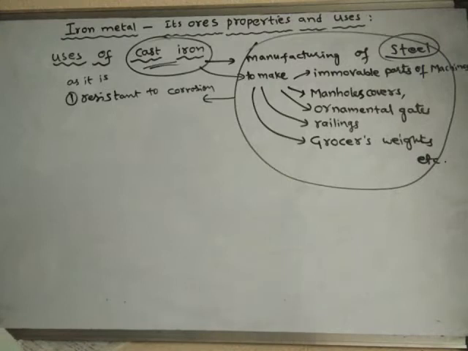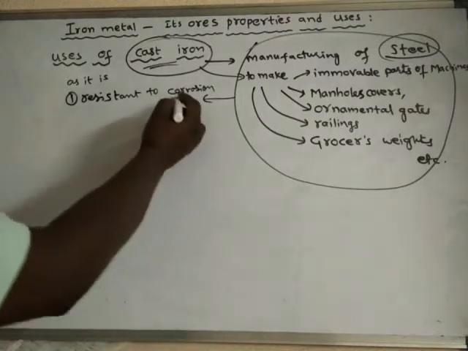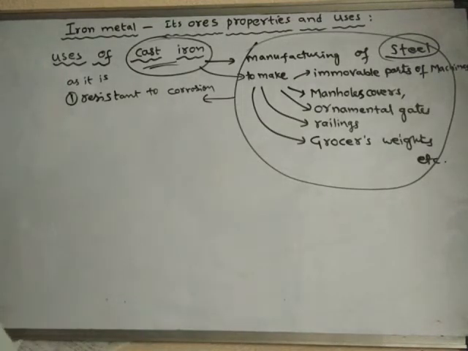Corrosion is nothing but the damaging of metal layer by layer on its surface. Different metals have different names for corrosion. For example, the corrosion of iron is called rusting. So cast iron resists corrosion, which means it does not rust easily.